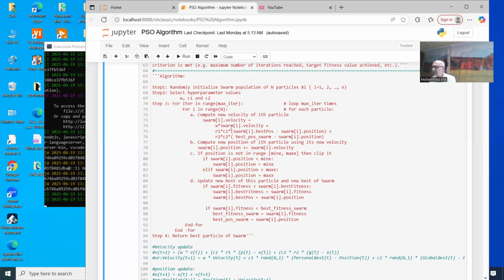The first component depends on the current velocity of the particle I, swarm of I dot velocity, and this value is multiplied by the inertia W. This is the first term.